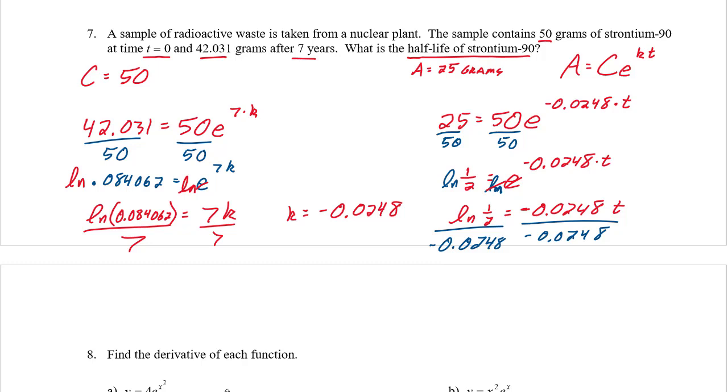I'll move that up into the middle here. My half-life, or my t, is going to be equivalent to the natural log of 1/2 divided by negative 0.0248. And it turns into 27.95. So let's call that 27.95 years. I'll label it half-life.